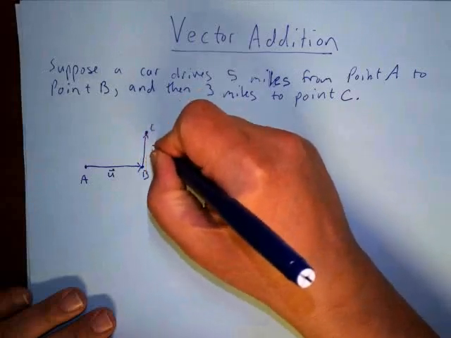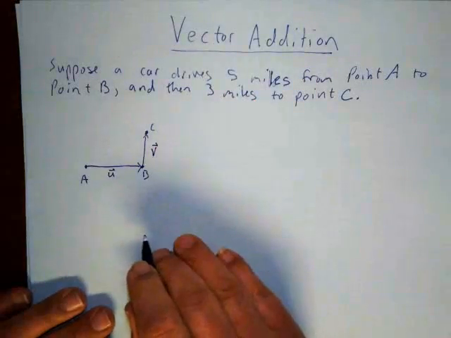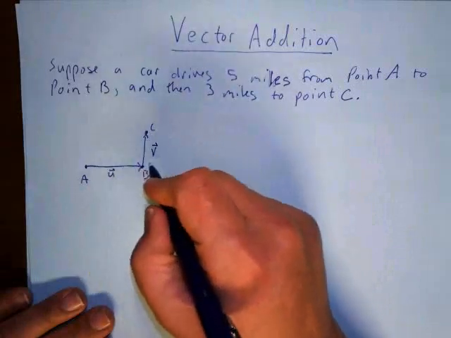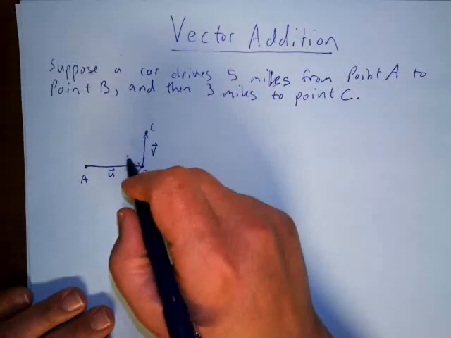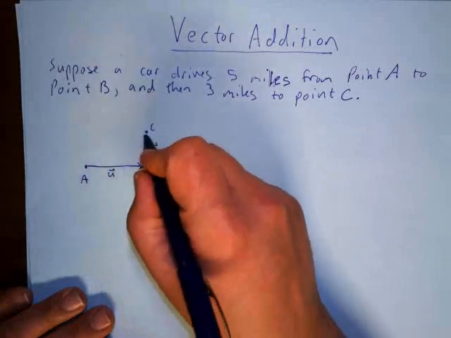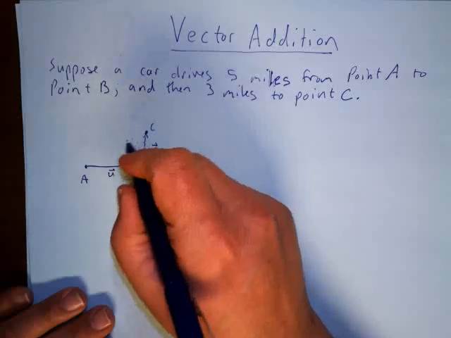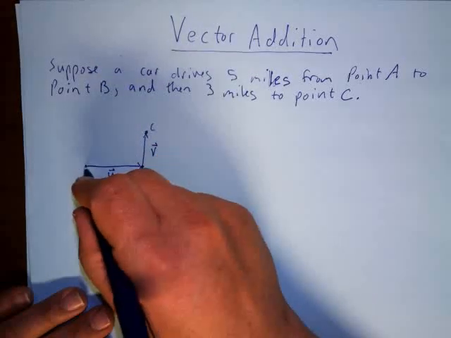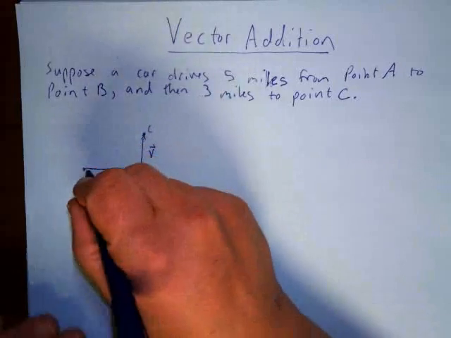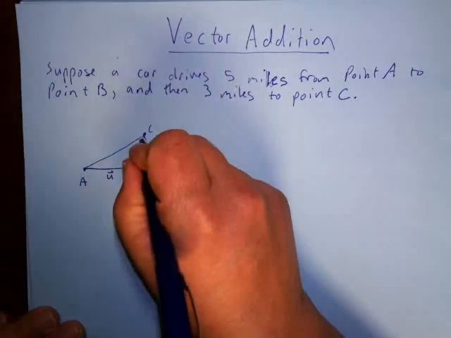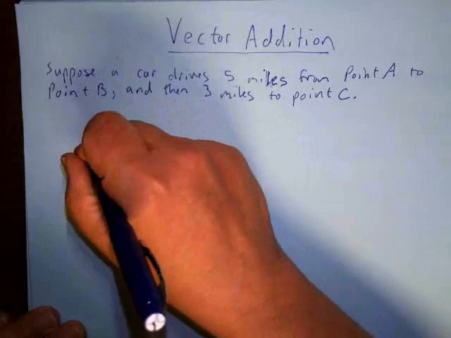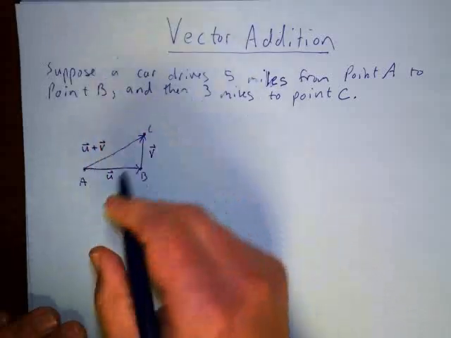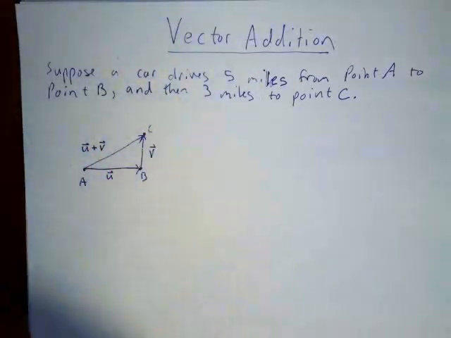We could call that vector V. And so to add these two vectors, to add U and V together, is to get the vector for point C. So from A to C. So instead of going from A to B and then B to C, when we add U and V together, we're going to go from A to C, like this. And this vector would be U plus V. And that's the idea of adding vectors.